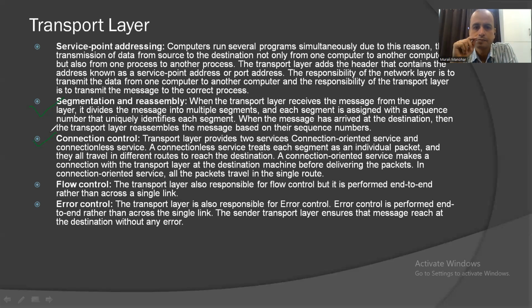One mode will be connection oriented, and the second mode will be connectionless. So the transport layer performs these two types of transmission of data: connection oriented and connectionless. In case of connection oriented, data is transferred through a single link. But in case of connectionless, data can be transferred through multiple links. Finally, all data will reach the destination.